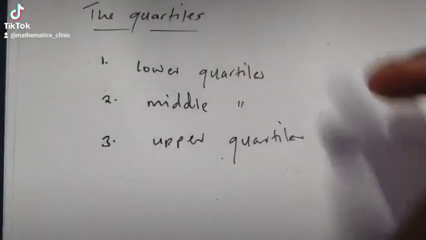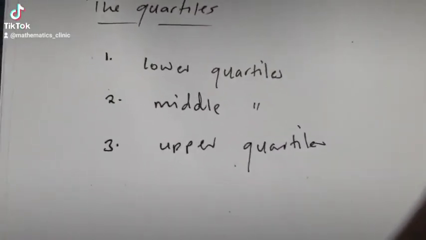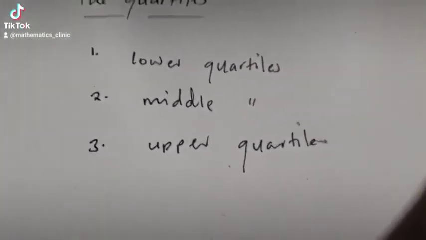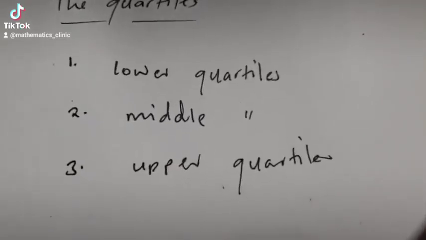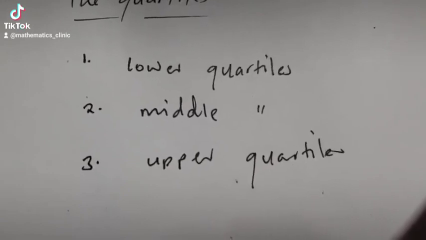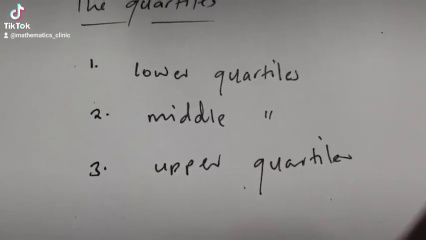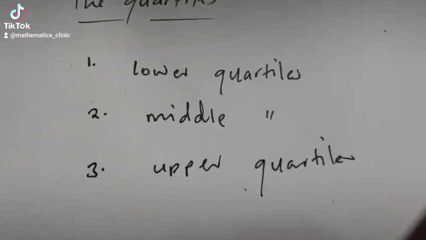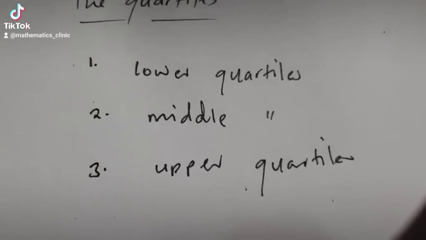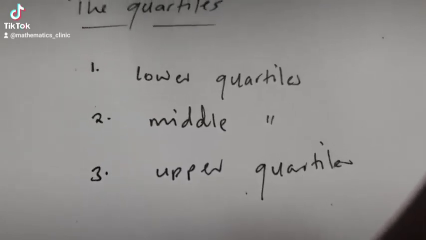The lower quartile divides the lower part into two halves. The middle quartile divides the middle part into two equal halves. And the upper quartile divides the top half of the data set into two equal halves. So that's the quartiles.